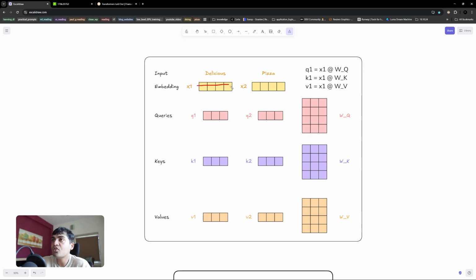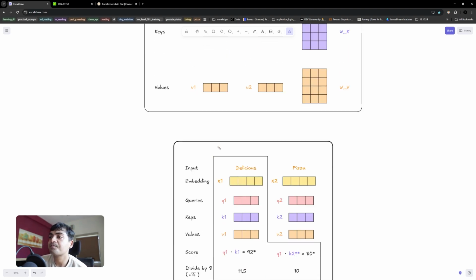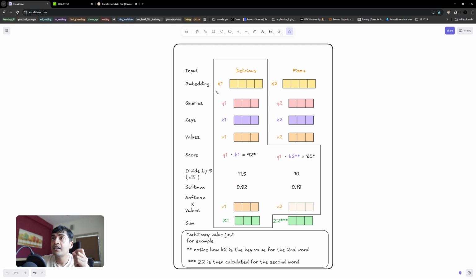Then I take this row multiplied by the second column to get the second value. Then I take this row again multiplied by the third column to get this value. That is how matrix multiplication works in a very quick manner. Now I have the original embedding and the Q, K, V vectors.